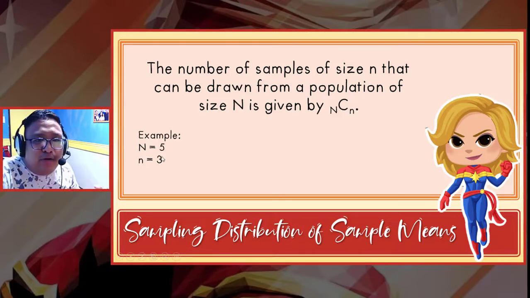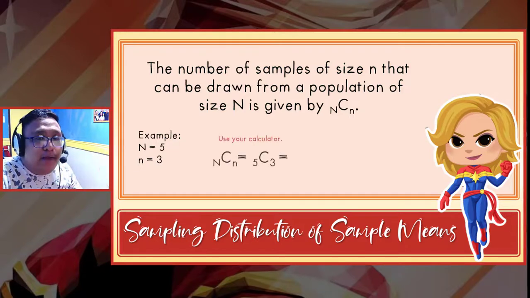So wala tayong gagawin kundi i-substitute siya sa formula. Make sure that you will input it in your calculator the way it is. So 5, tapos C, and then 3. And then you'll get the number of samples, which in this case is 10.